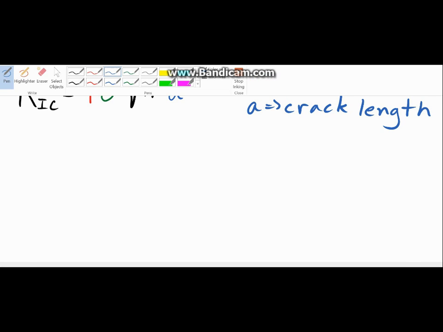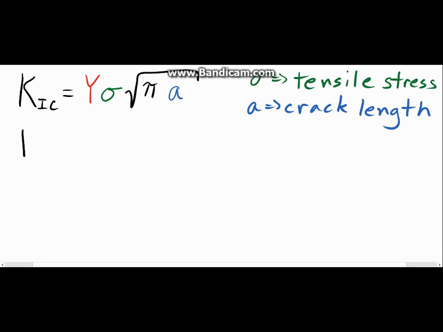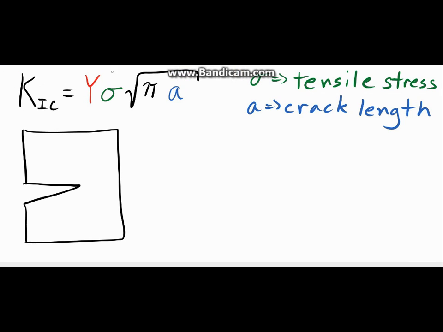And if we take a look at a sample with a crack in it, A would be this distance. Now it's different for an internal crack. For an internal crack, the total length is 2A.